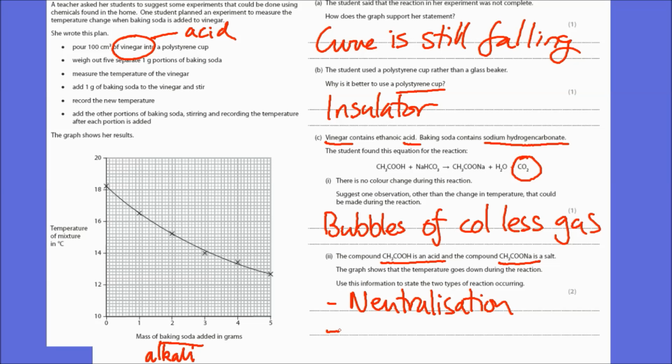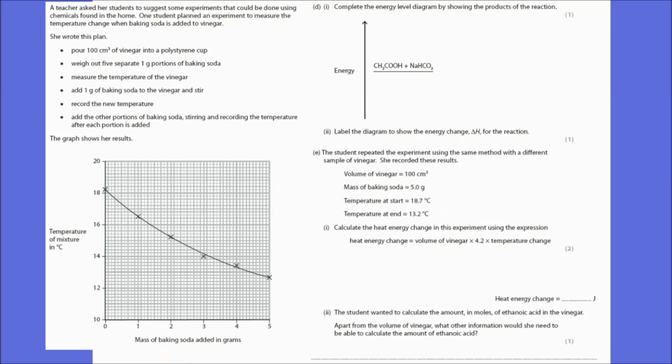The other type of reaction refers to temperature going down. The solution is getting colder, and that means it's an endothermic reaction, as heat energy is being absorbed and converted into chemical energy.